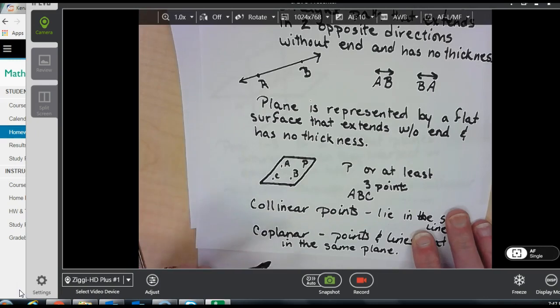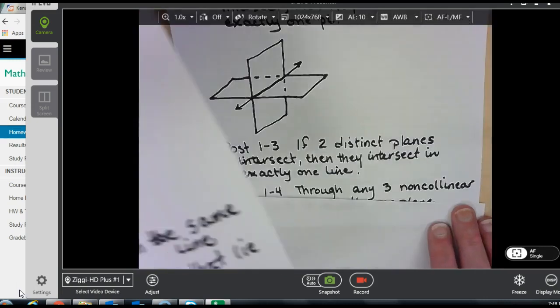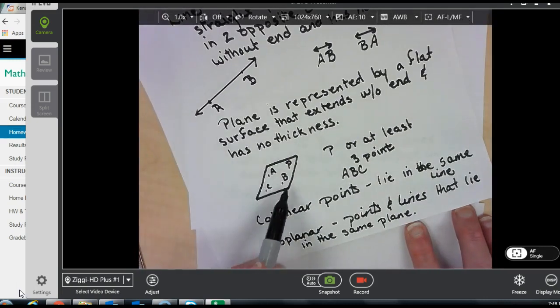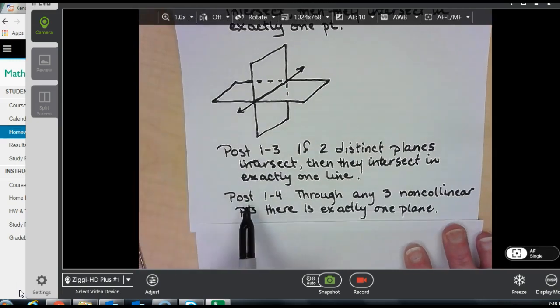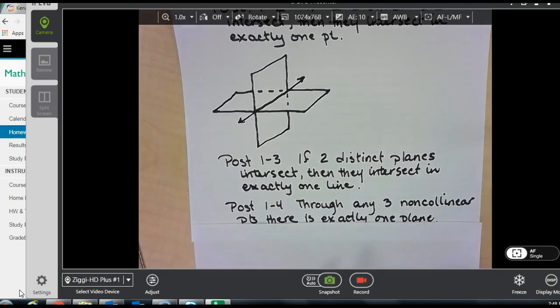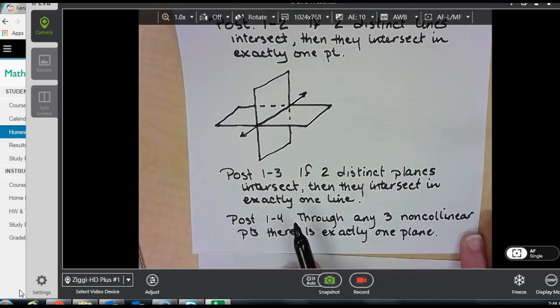We already knew the postulate, but now we're just defining it, because we could name this plane ABC because there were the 3 points on it. And they're non-collinear because they aren't in a line. So, again, the postulate says through any three non-collinear points, there is exactly one plane.